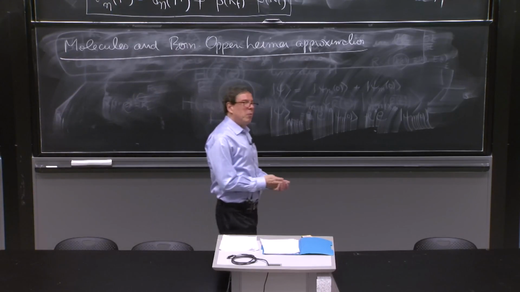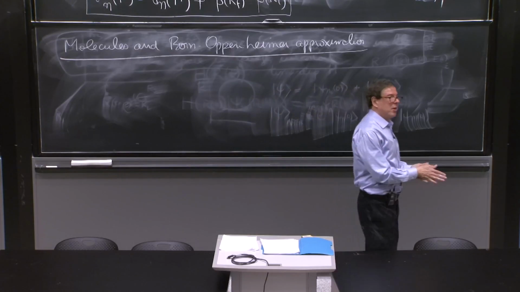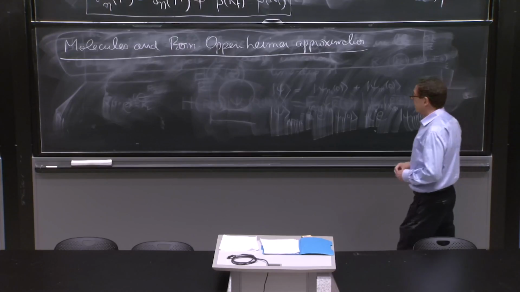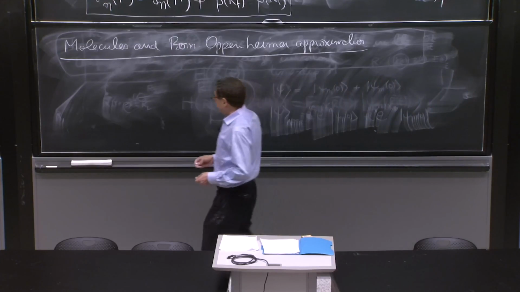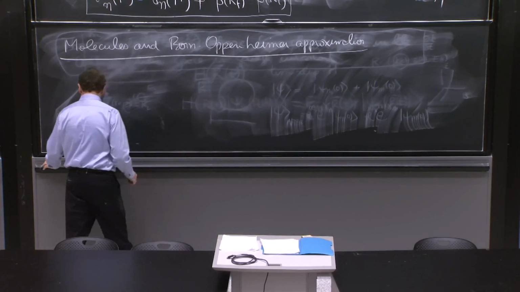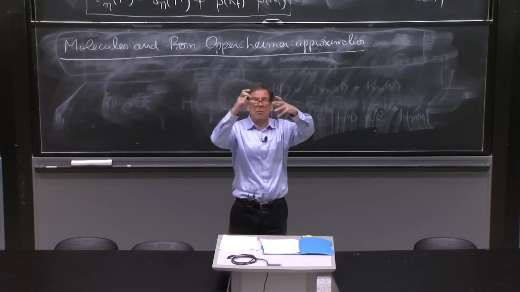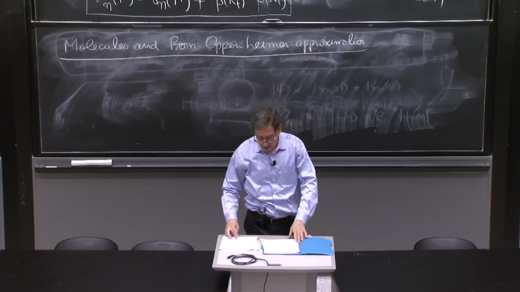Okay, we all know that molecules are a lot harder to solve than atoms. And even atoms are not that easy once you have more than one electron because of the electrostatic repulsion.